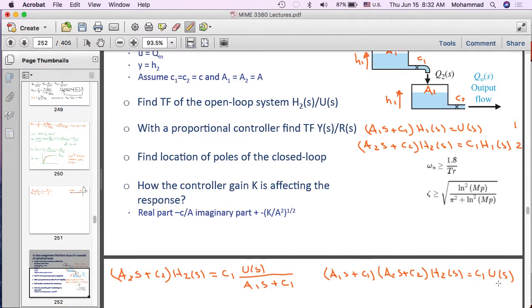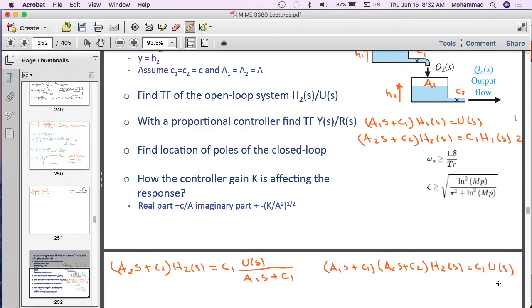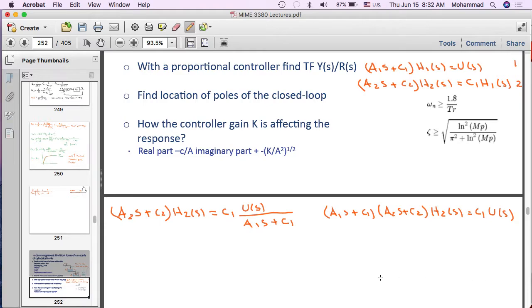So we are now ready to form the transfer function. Please let me know if I missed a step. H2(s) over U(s), output over input, would be C1 over (A1 s plus C1) times (A2 s plus C2).